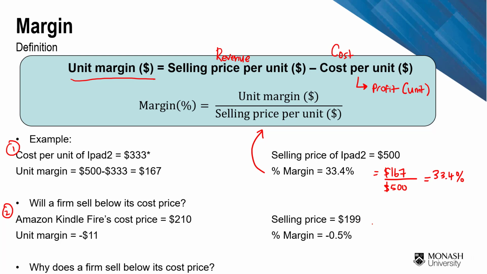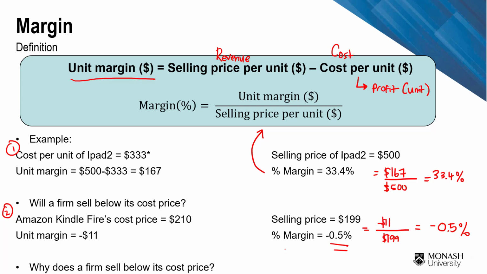So my unit margin is going to be minus $11, and the selling price per unit is 199. So $11 divided by 199 will give you minus 0.5%, which is the answer here.